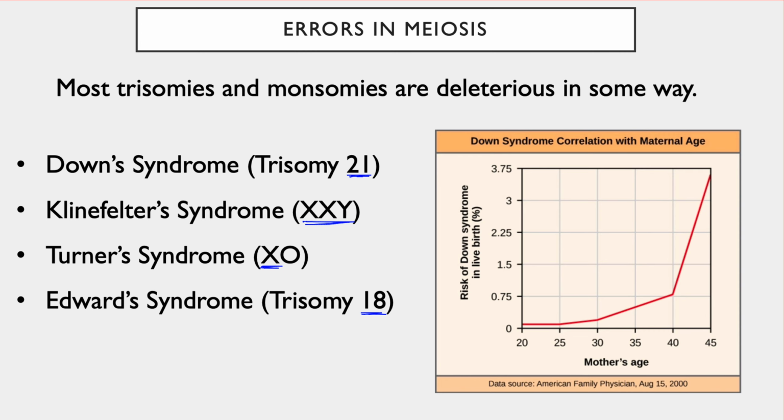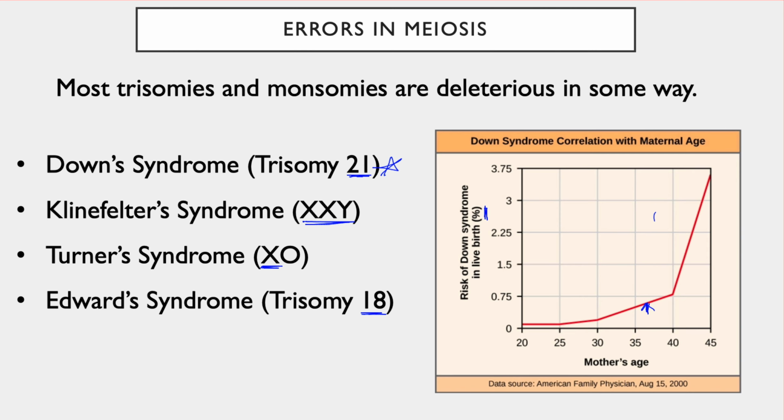aneuploidy situations. I wanted to point out that one of the ones that most people know the most about is Down syndrome. And the risk of Down syndrome does correlate to the age of the mother. It turns out about age 37-ish, you start to see a fairly sharp increase in the percentage rates of possible children born with Down syndrome.